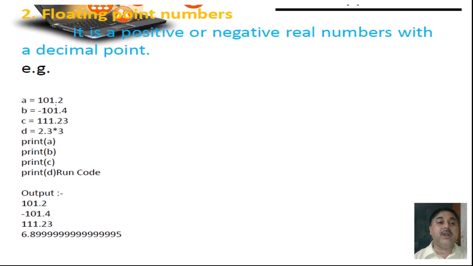Now the floating point data type, as I have said, consists of a decimal point number, positive or negative. It can be a positive or a negative number, a real number with a decimal point. Like see here 101.2, minus 101.4, 10111.23, 2.3 into 3.